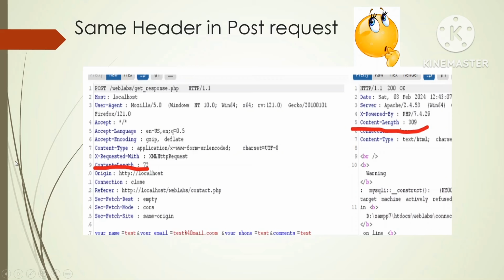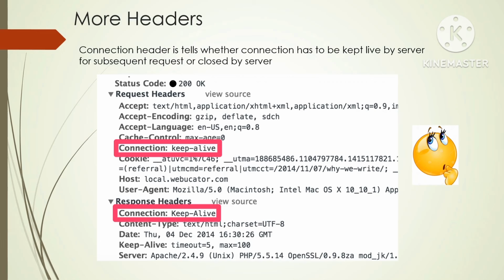So I think so far we are totally clear on how content length is used as a termination of the data body. At the same time, we must understand there is one more header called connection. Mostly, whenever you send a request to the server, we may terminate the tunnel, and in that case most of the time you will find the connection as closed.